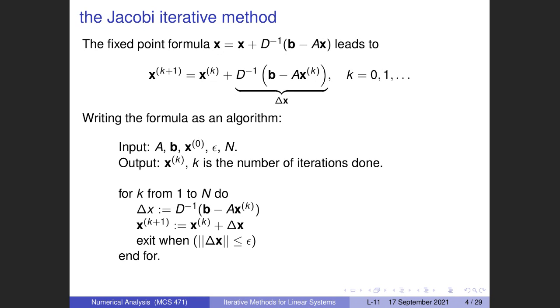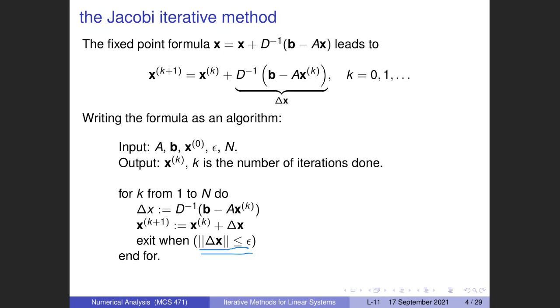So in all iterative algorithms, they may not converge. So we have an upper bound on the number of steps. And we also have a tolerance on the accuracy. And actually here, because the delta x is so closely related to the residual, we have only one tolerance.